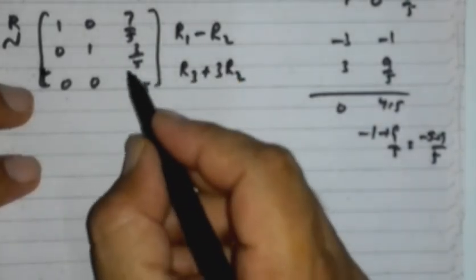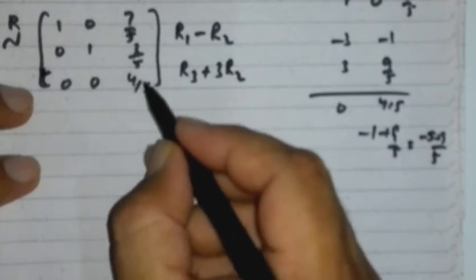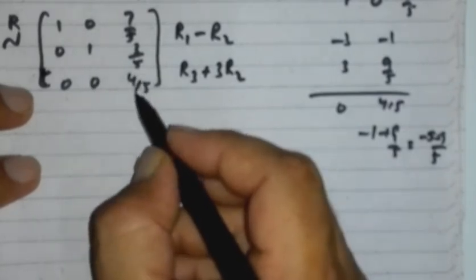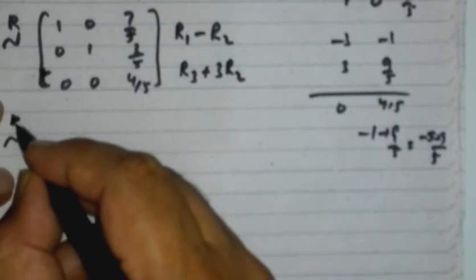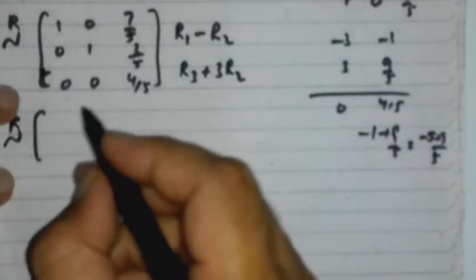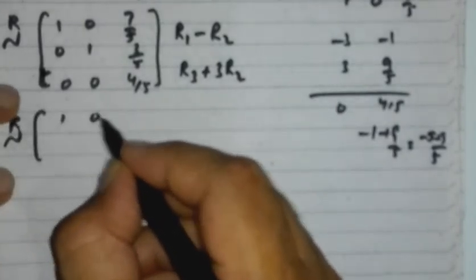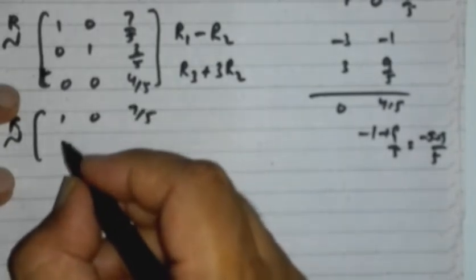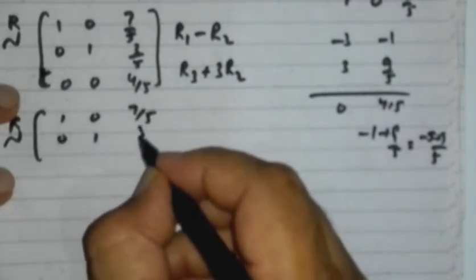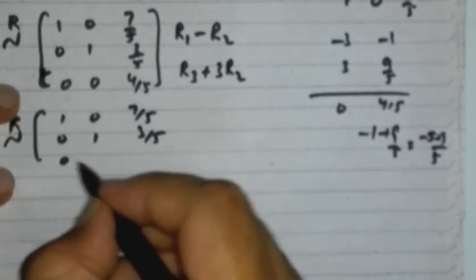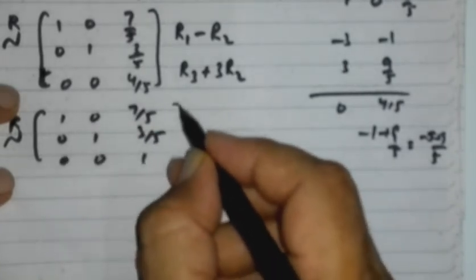Now multiply this third row with 5 over 4, so here we get 1. Row operation, 1 0 7 over 5, 0 1 3 over 5, and here we get 0 0 and 1. How?